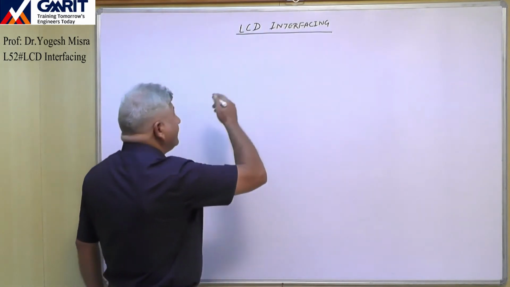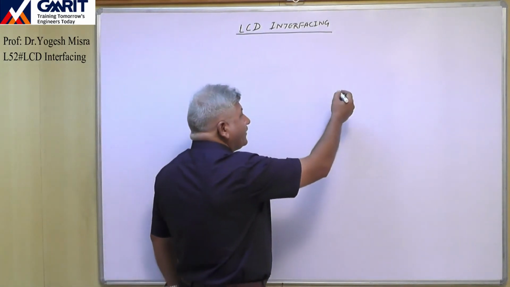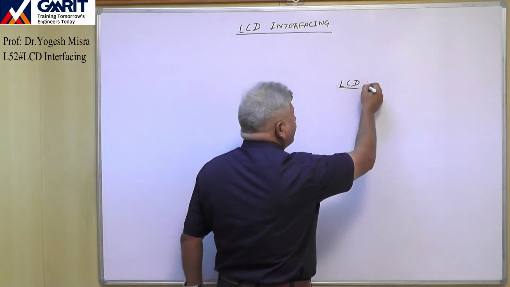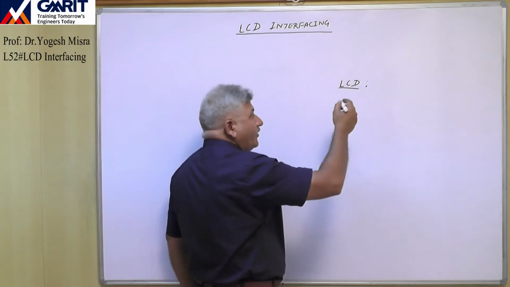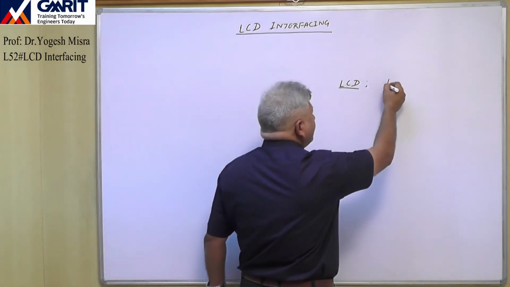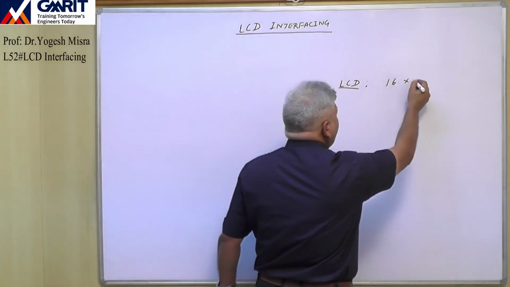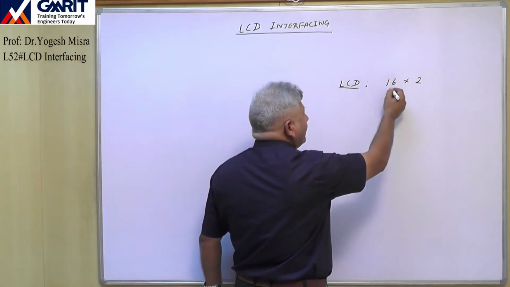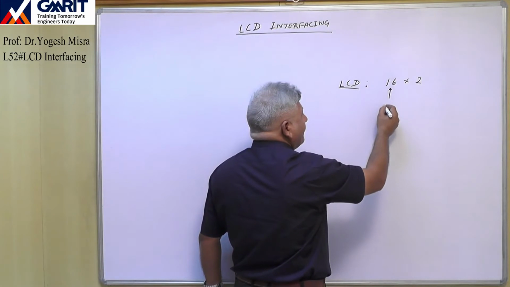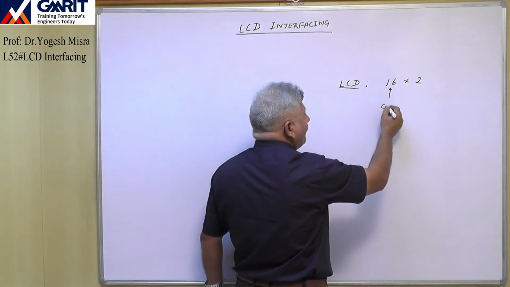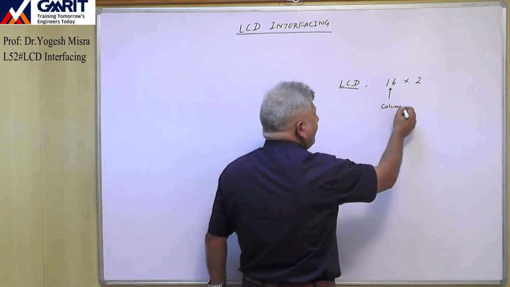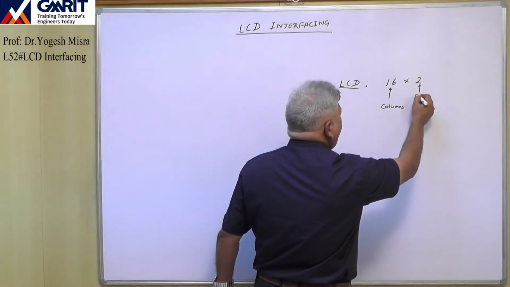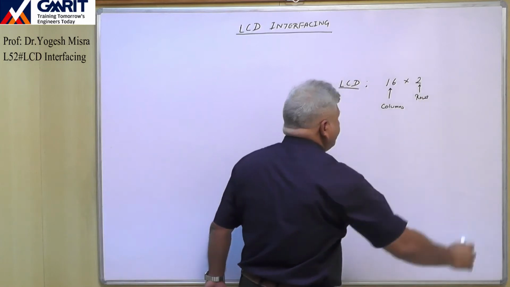Now basically the common LCD which you can find in the market is 16 by 2. Here this 16 indicates number of columns, and this 2 indicates number of rows.